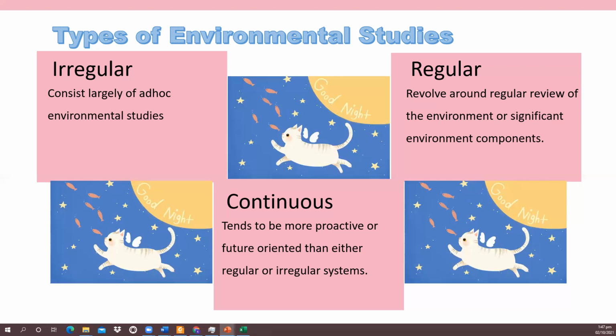Continuous tends to be more proactive or future-oriented than either regular or irregular system. So ito namang studies na to, pag ginawa nila to, dapat apektado hanggang future. So parang long-term siya. Future-oriented.